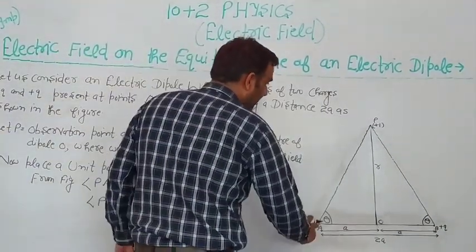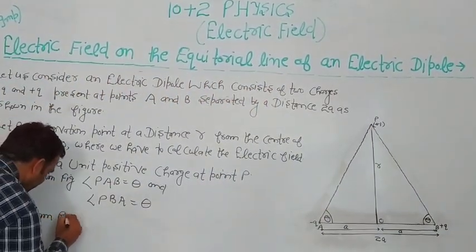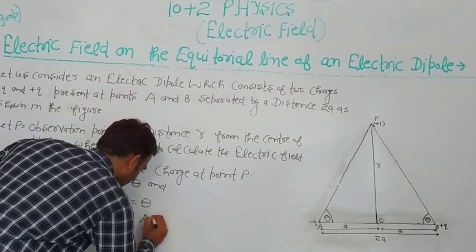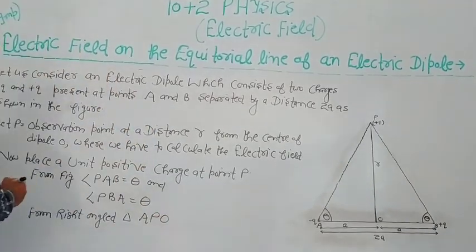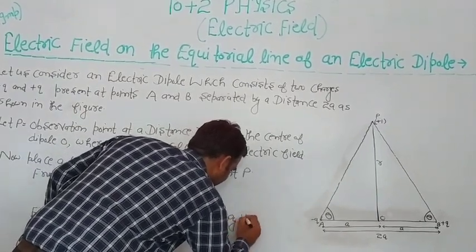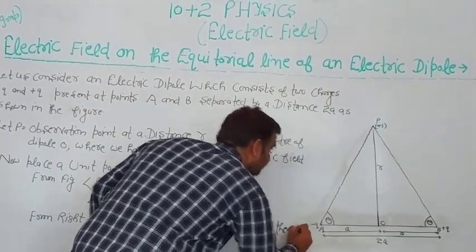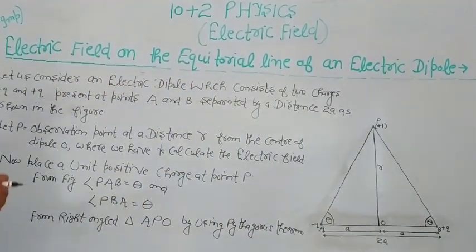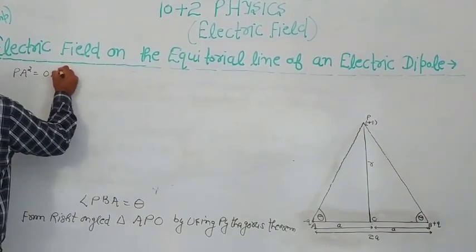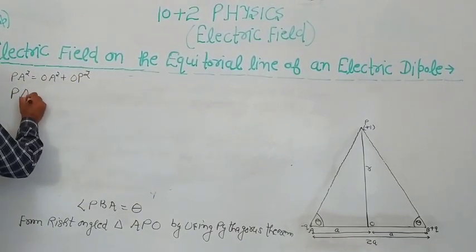From right angle triangle APO, by using Pythagoras theorem, PA square is equal to OA square plus OP square.